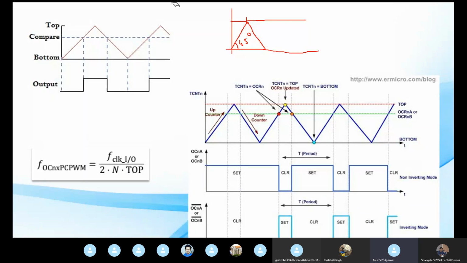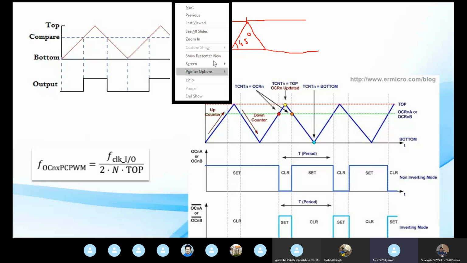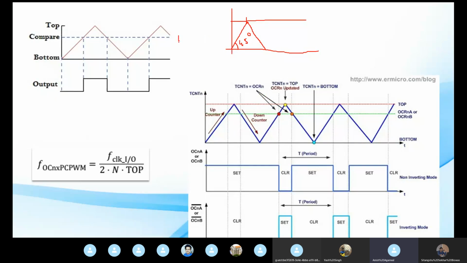So in this curve that you see, leave the first time period because that is just for explanation. For explanation purposes, the set and the clear was not shown in the first time period. From the second time period, the functioning starts. Say this is the value 190.